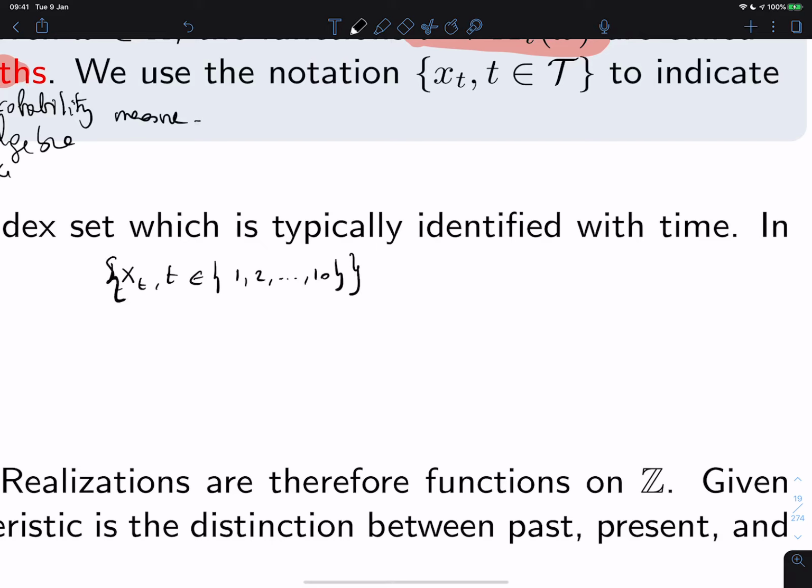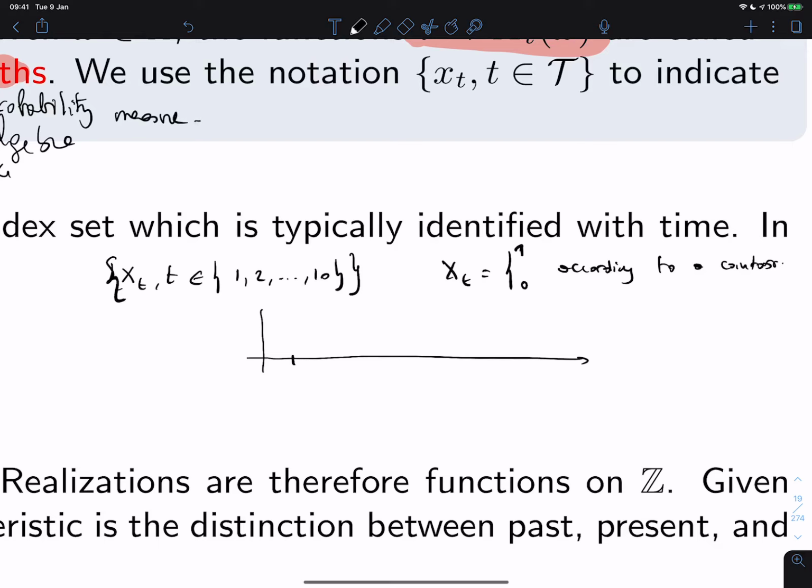Let's say that each xt is 1 or 0 according to a coin toss. Well, then this is a collection of random variables which live on {0, 1}.